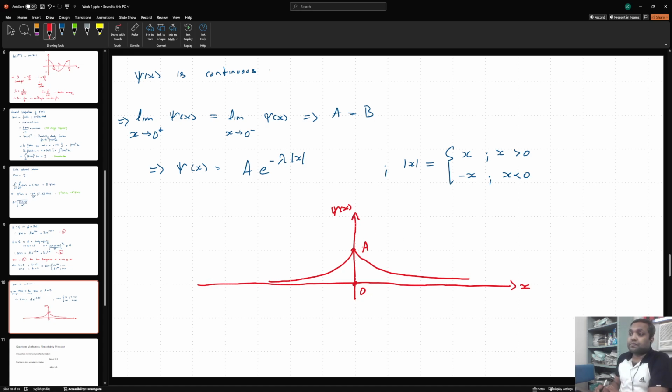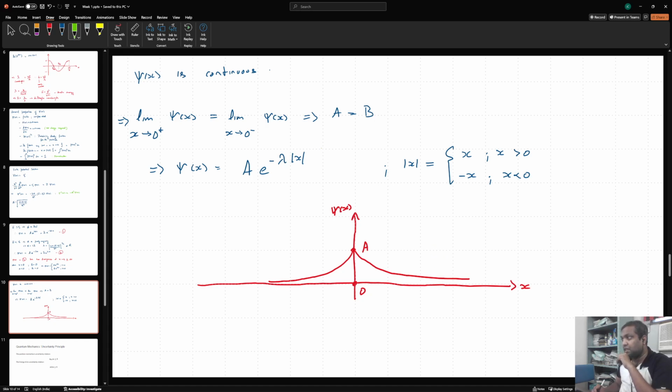So what does this tell me? This tells me two things. First, since this is tending to 0, this implies, limit, you know what, I'll write it in green.